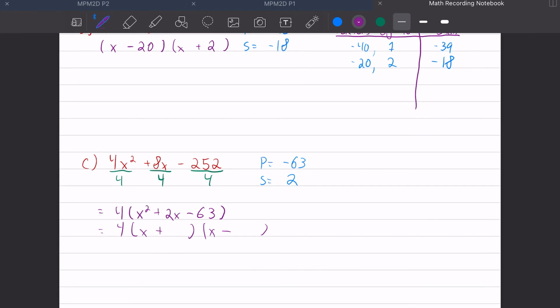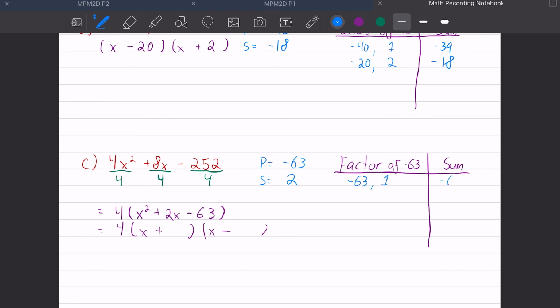So now let's set up our factors to figure out what numbers we need to multiply to negative 63 and add to 2. So we've got factors of negative 63. Let's start. Okay, our first factor would be negative 63 and 1.